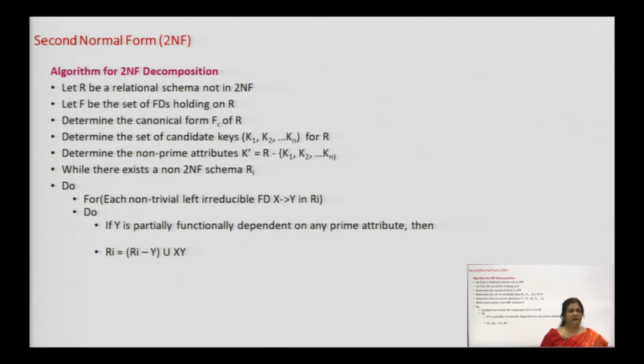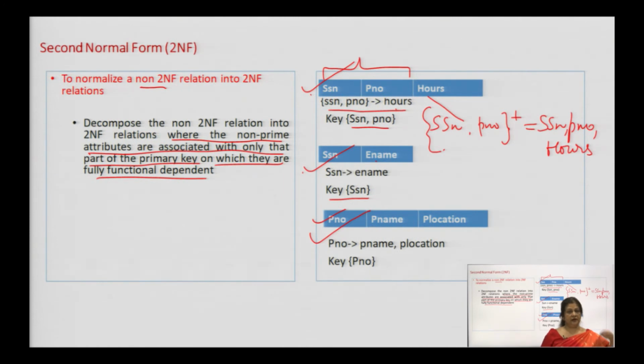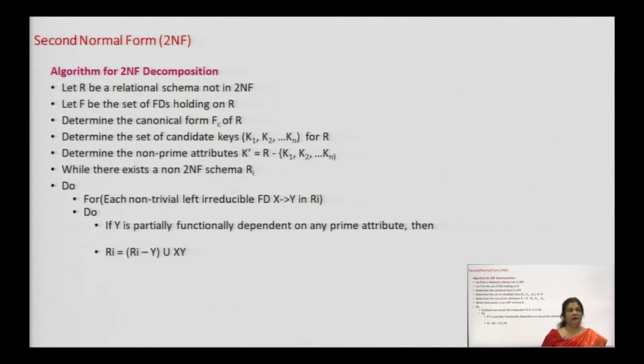Now, it may be slightly difficult to achieve decompositions like this. So, we use a simple algorithm which reads: let R be the relation schema not in 2NF, and let F be the set of functional dependencies. First, we determine the canonical form of the set of functional dependencies of R. What is the canonical form of a set of functional dependencies?